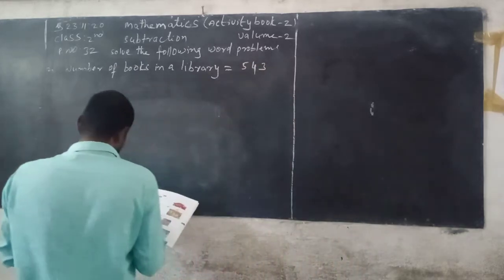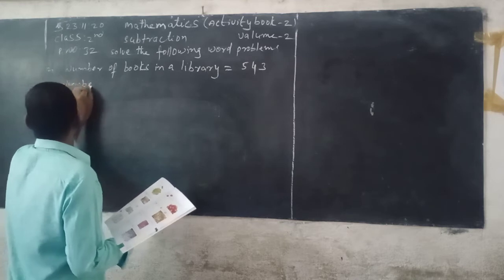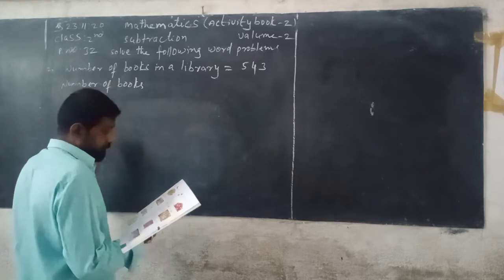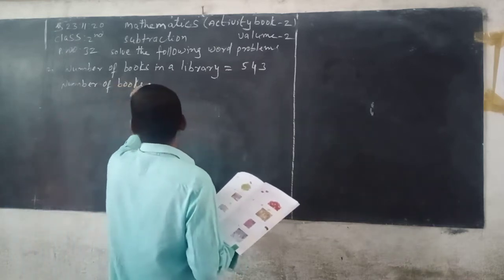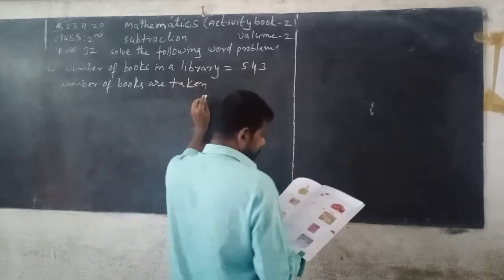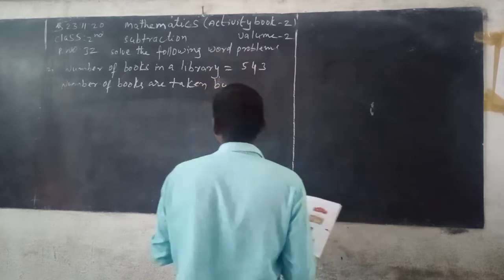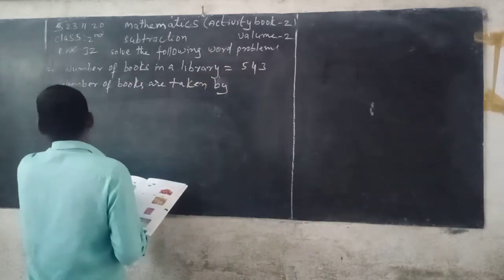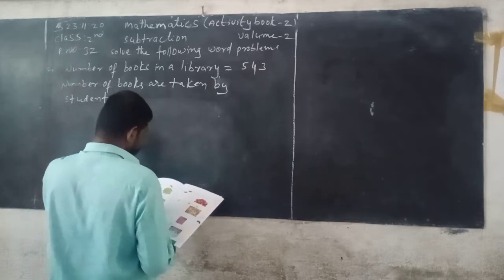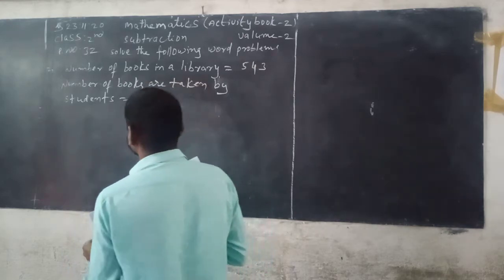Next, number of books taken by students, that is equals to 143. Number of books left.